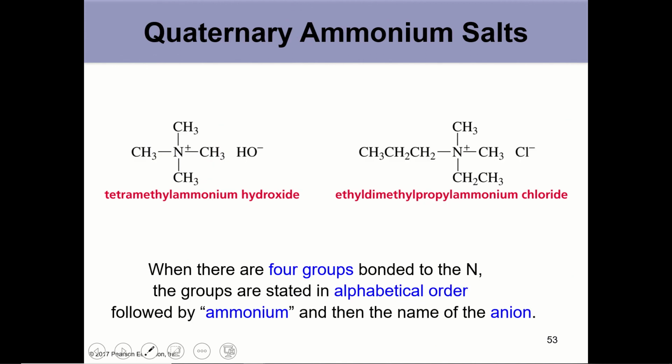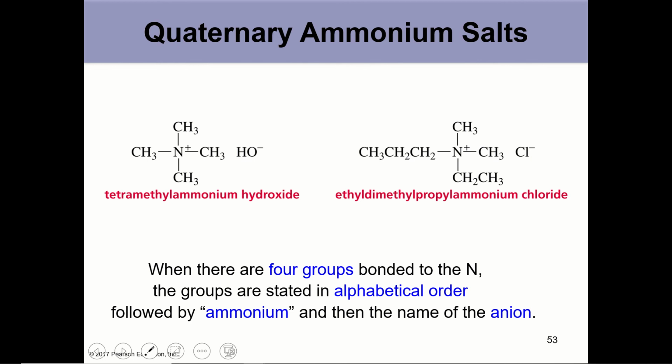Quaternary ammonium salts are a final group to number. Because it is an ion, it is no longer an amine, it's an ammonium ion. And it has a counter charge, so it will be a salt. It should have the cation, ammonium, and an anion.